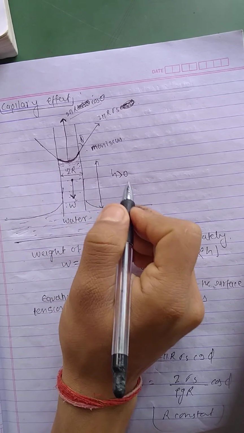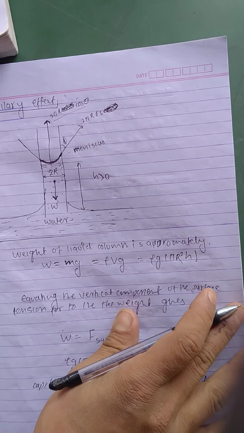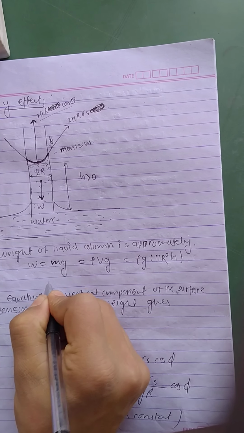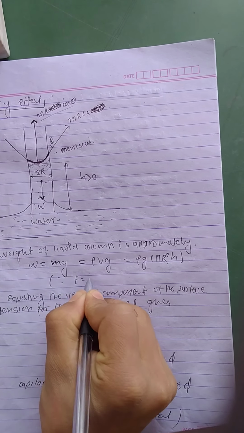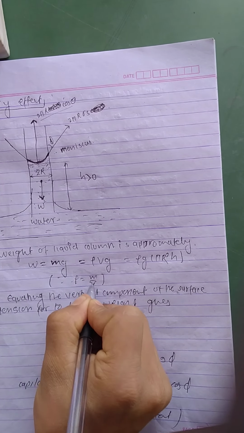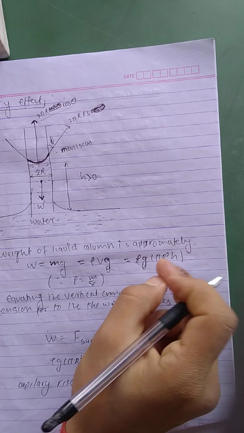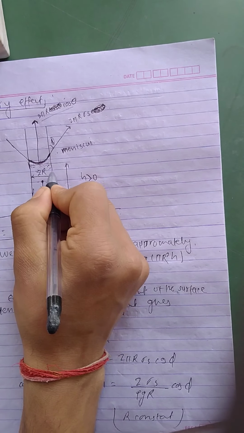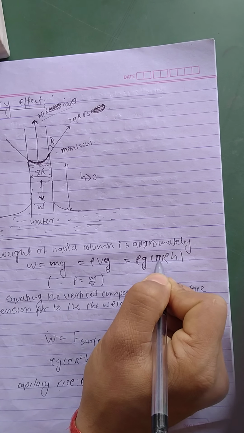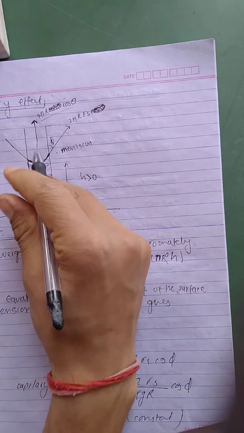Here m is rho into volume, since rho equals mass by volume, so mass is rho into V, and weight is rho V g. For this cylinder, the volume is pi r square h, where pi is a constant, r is the radius of the tube, and h is the height of the liquid.